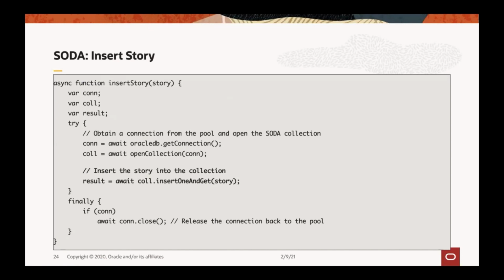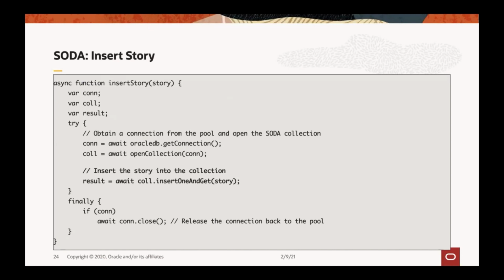Key could be either client assigned, wherein you supply a key and say how the document needs to look with a key, or you could rely on Soda for generating the key for you. So it could either be client assigned keys, or it could be something like UUID assigned, which is generated by Soda. So when you call insertOneAndGet, it returns the other fields of the document, namely ID, version, last modified, and created on.